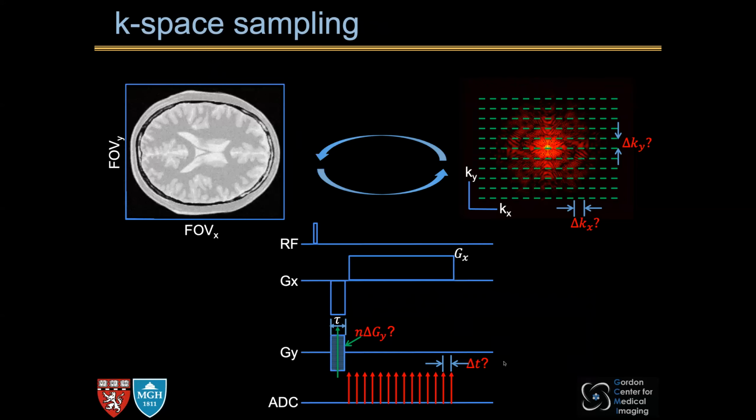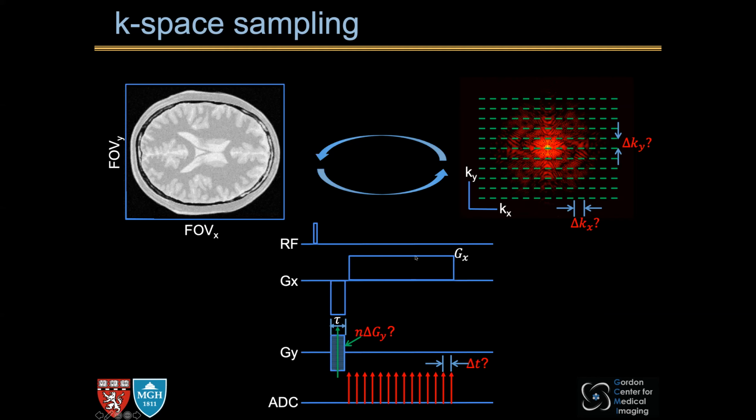Okay, so that translates to our 2D imaging experiment, which is how to determine all these imaging parameters. For example, for the phase encoding gradient, how strong the gradient strength is, given the duration of the gradient, and how many steps we need for the phase encoding. For the frequency encoding direction, it's the same question: how strong this gradient strength should be, and how fast we should sample the data in this direction.